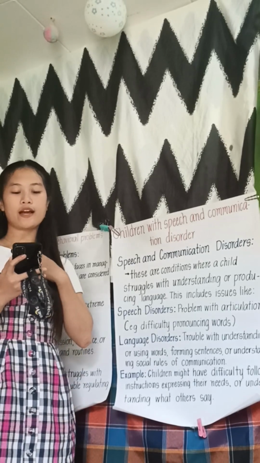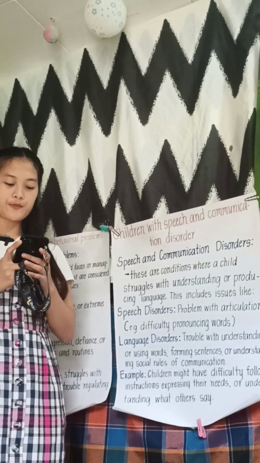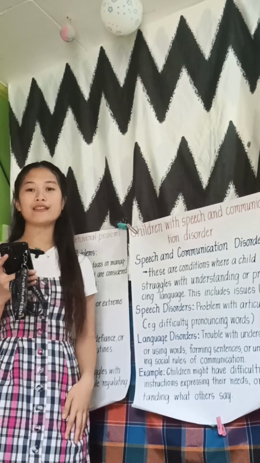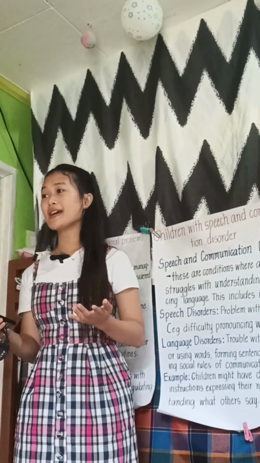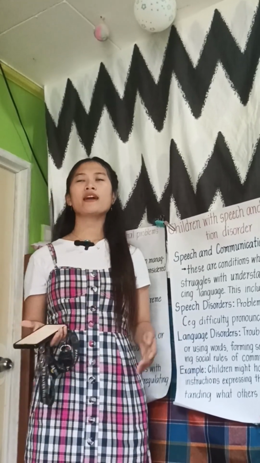And under it is expressive language disorder. Expressive language disorder is a difficulty forming sentences using the right words or expressing ideas clearly. For example, a child might say, I want that red car instead of I want that red car in a box.